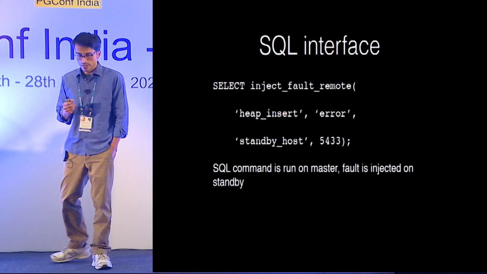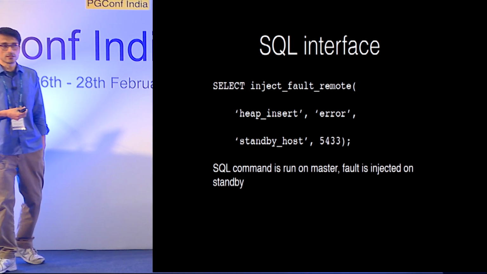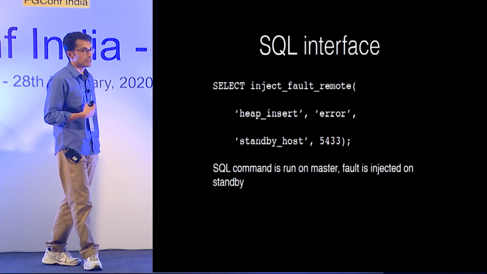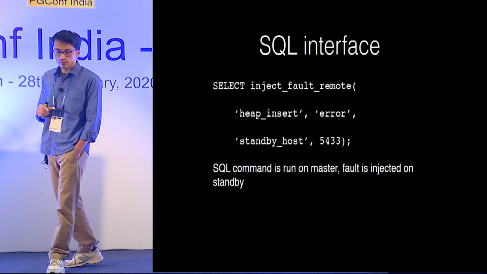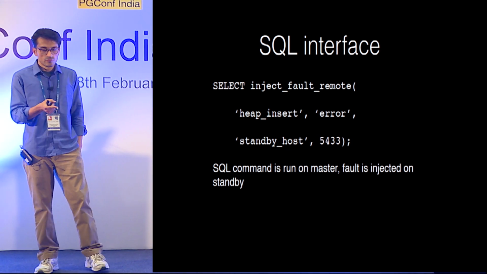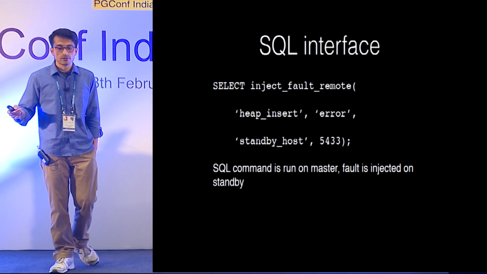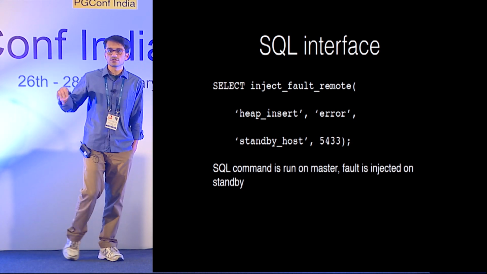And this is interesting. If you have a streaming replication setup, this interface comes in handy: if you know the host name and the port number that the standby is listening on, you can use this interface to inject a fault on the standby. Now, this example is rather incorrect because heap insert will never be executed on standby.